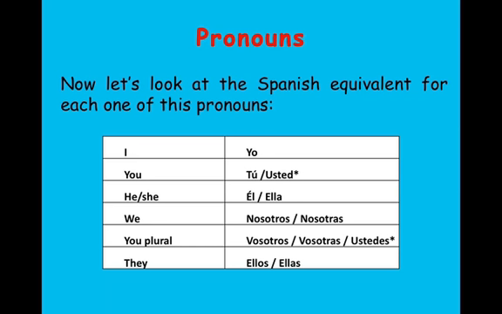Nosotros is we, a group of boys or men, or a mixed group of men and women. And nosotras is a group of only women. Then we have the you plural that you don't really use in English. You don't have a separate, different word in English. So you can use vosotros or vosotras, again, masculine, feminine. And the you plural that is formal will be ustedes. Then they, we have ellos and ellas.